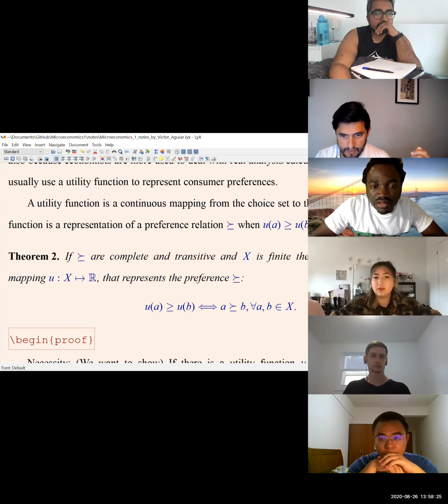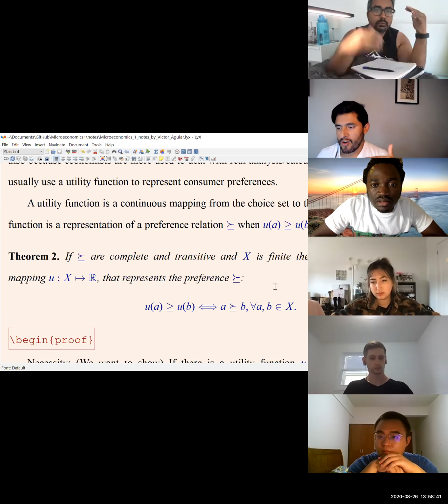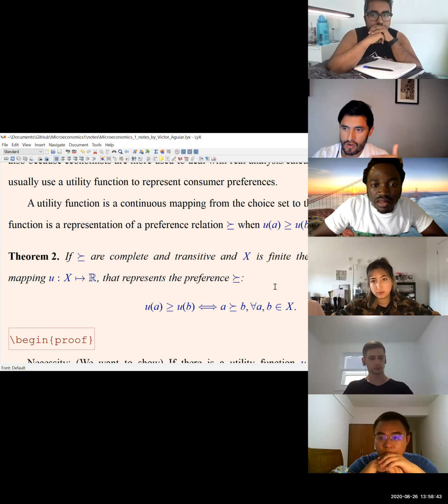The utility of A is greater than the utility of B. It can only happen in the one case if A is preferred to B. Okay, that's one direction, one arrow. You can go the other way too, that's if and only if, so you have two ways.